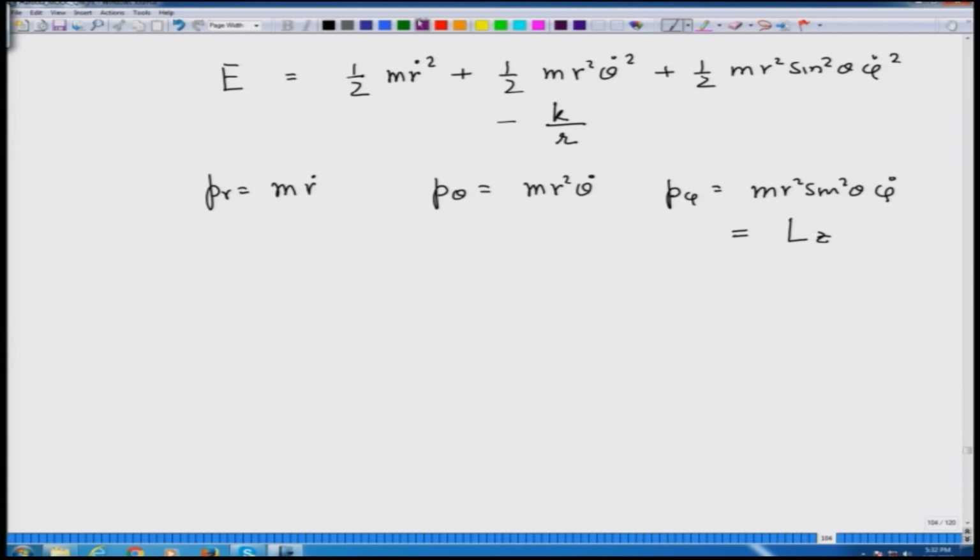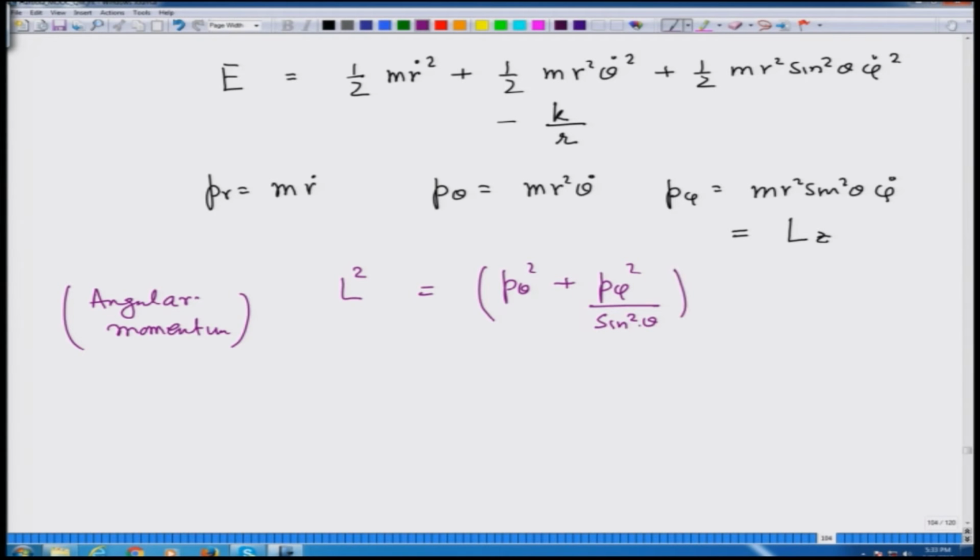And p theta is such that L squared, that is the angular momentum, I am using L for angular momentum, L squared is p theta squared plus p phi squared over sin squared theta. Right. So, we have found this so far.